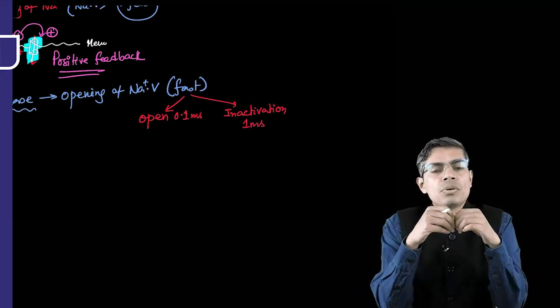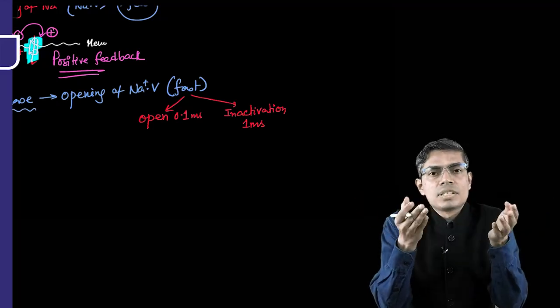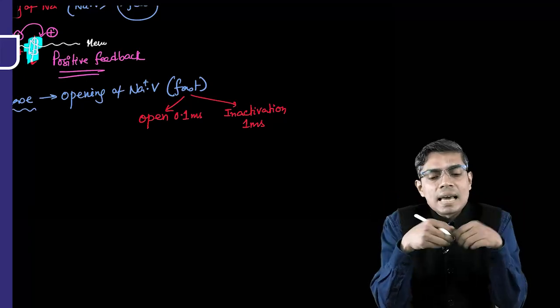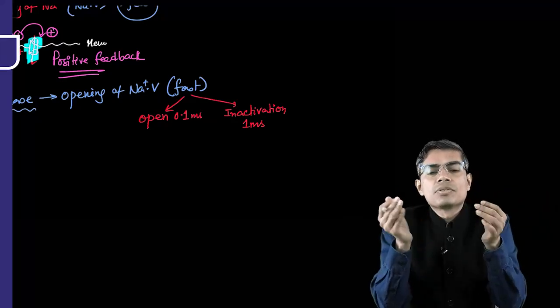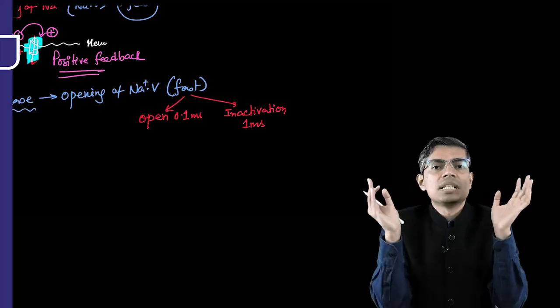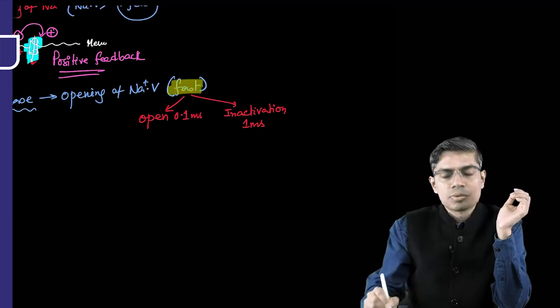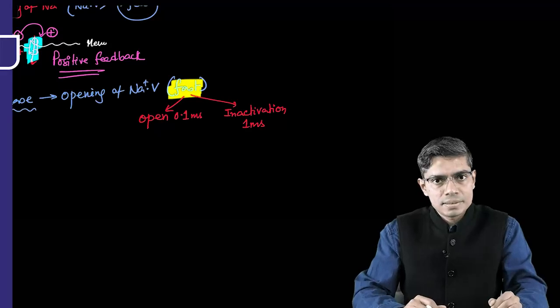Getting my point? So to open the gate of the channel, that's why it is known as voltage gated, it requires only 0.1 millisecond. And after opening the gate, it will be inactivated after 1 millisecond. So it remains open for only 1 millisecond. That's why the channel is known as a fast voltage gated sodium channel. Opening and inactivation is very fast, right?